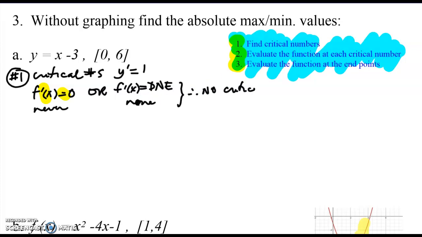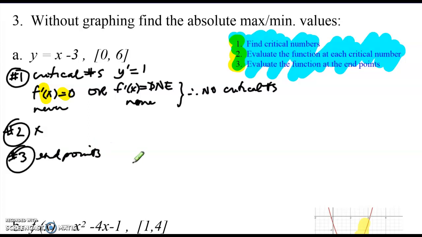Therefore there are no critical numbers, which helps us with step 2, because for evaluating the critical numbers, there are none, so we don't need to do anything. Number 3 is to evaluate the function at the endpoints. We can see the endpoints are 0 and 6.